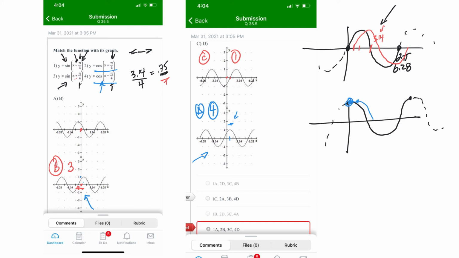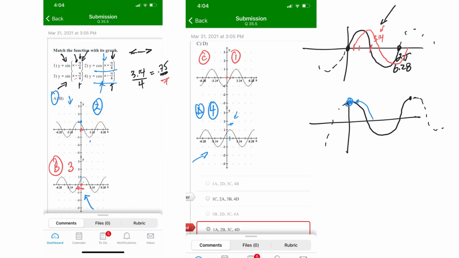Oh, no. Which is the one I haven't done yet? This one. Okay, so this graph here, if it was the cos graph, would start there, but this one's starting to the left, so that would be a plus. So it would be number 2. So I'm saying that A is number 2.